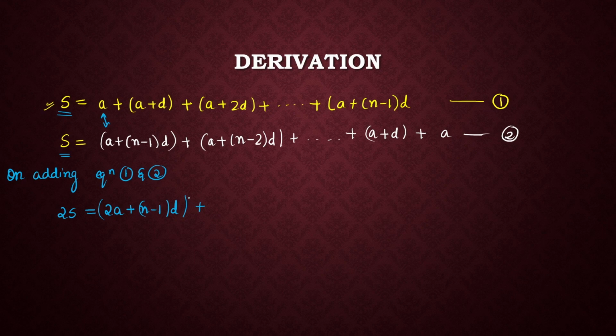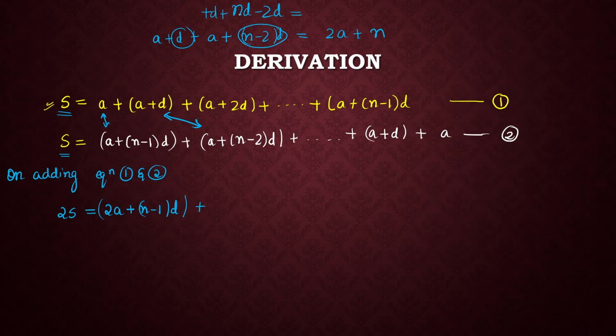Now add these two terms. What happens? It is a plus d plus a plus (n minus 2) into d. So this becomes a plus a is 2a, plus nd minus 2d, and here you have plus d.